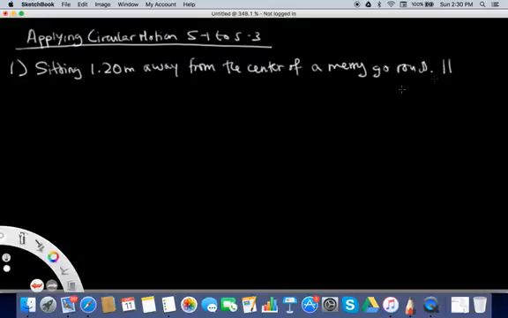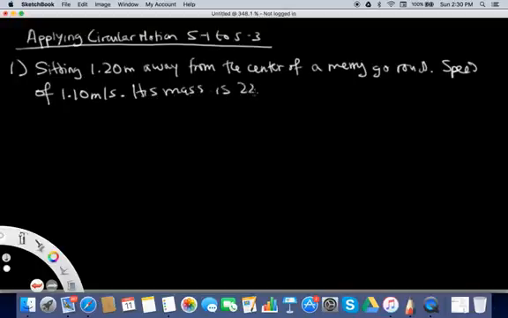He is traveling at a speed of 1.10 meters per second, and his mass is 22.5 kilograms.